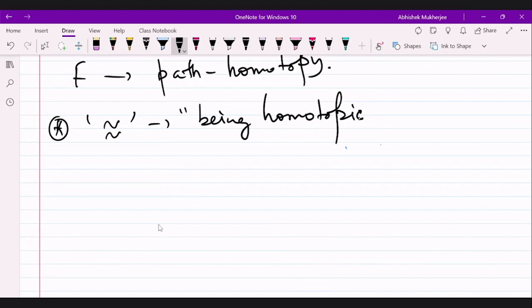And likewise, for paths having two endpoints, A and B, you can take the relation being path homotopic.